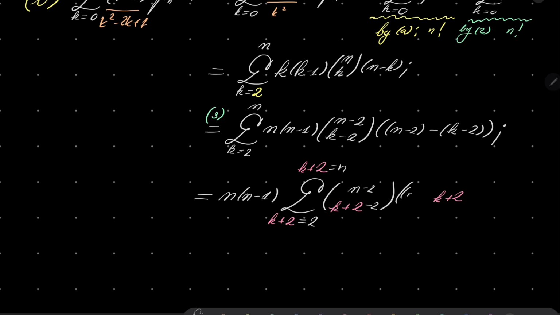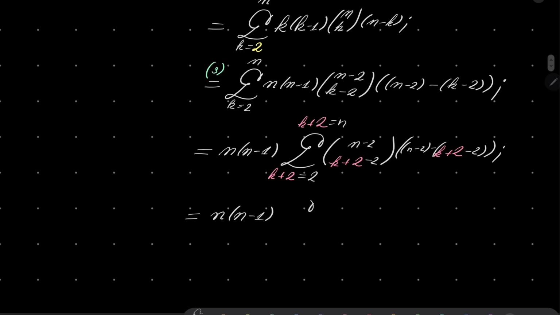Here we have n minus 2 minus k plus 2 minus 2 subfactorial. So this is n minus 1 times the sum going from 0 to n minus 2, n minus 2 choose k, and here we have n minus 2 minus k subfactorial.